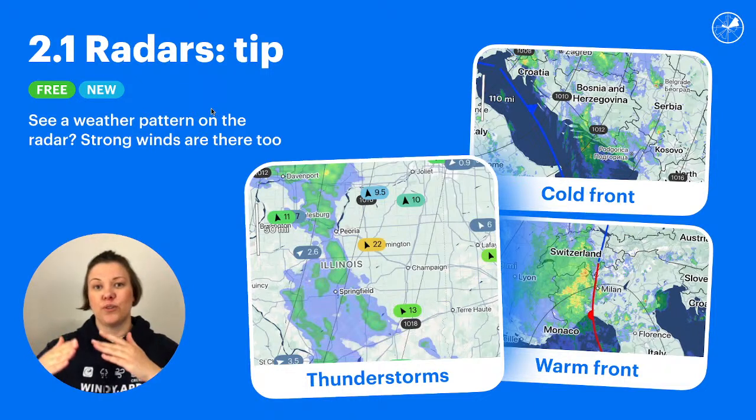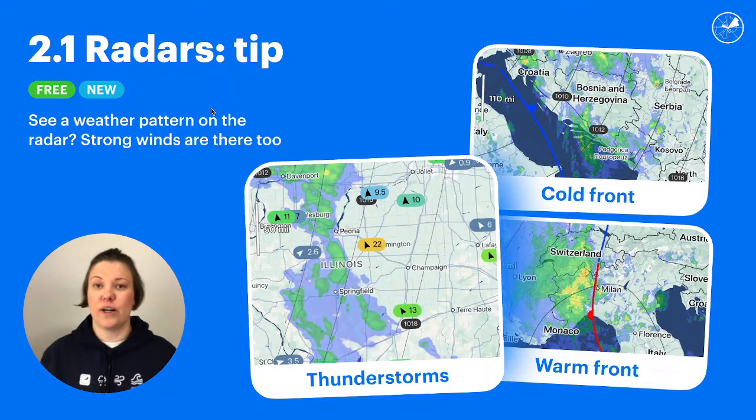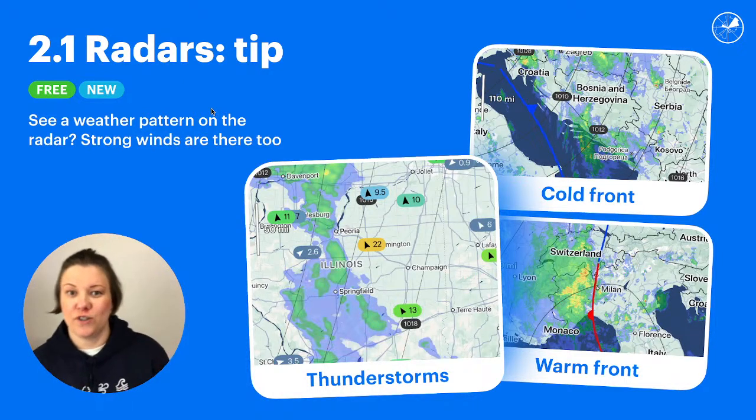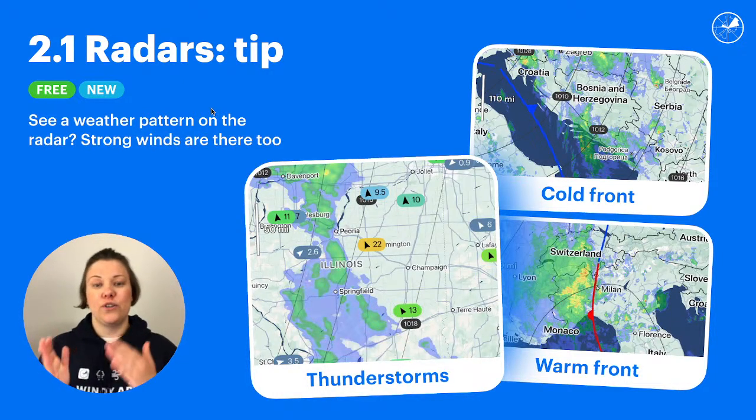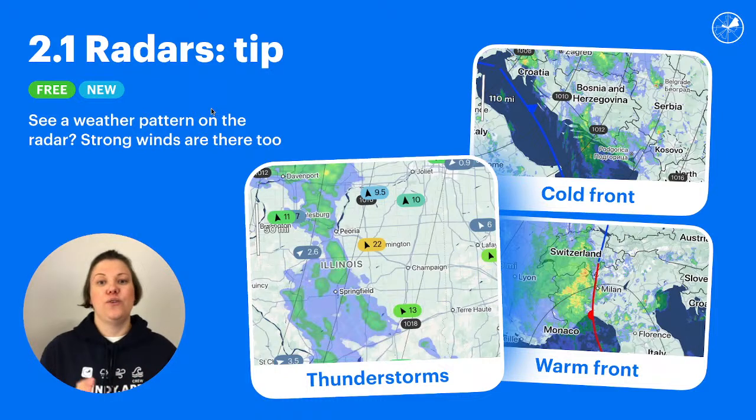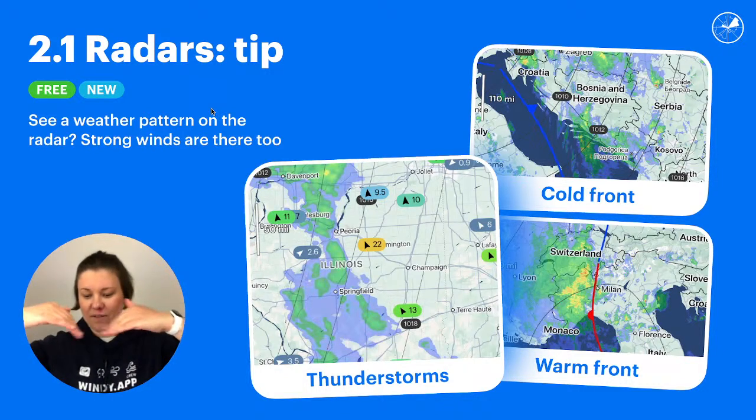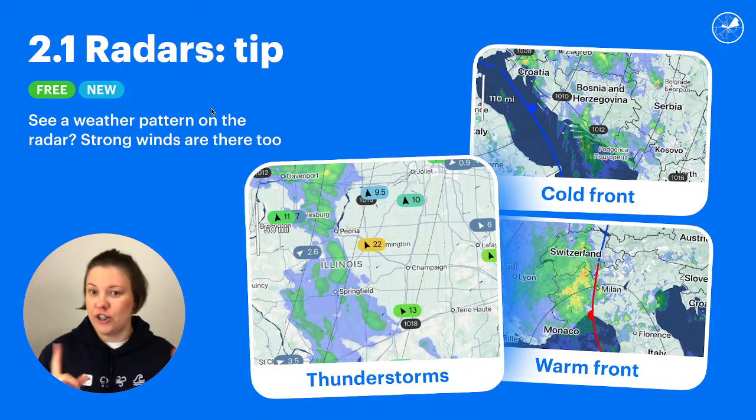So it's also very strong wind, gusts, and of course rain, but we're talking about wind now. And when you see a cold front moving, you have to know that the wind direction changes also. So before the front, it's like this, and then it's like this. So the wind direction change is also happening after the front.